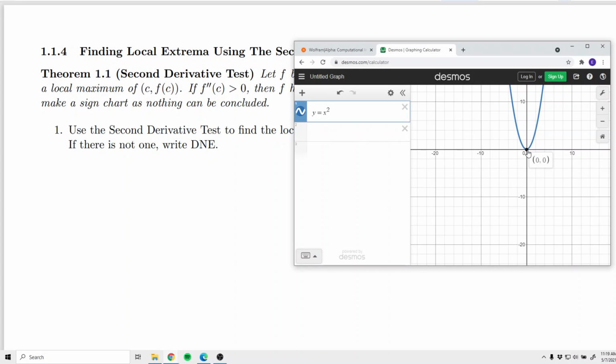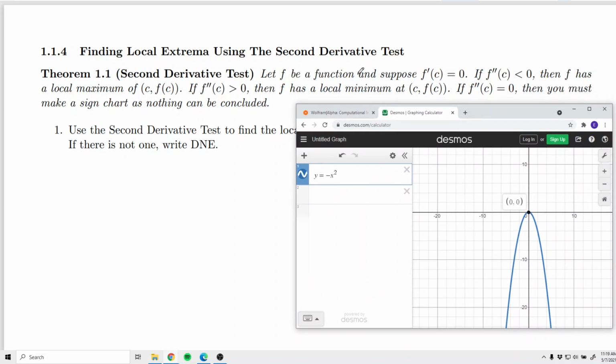And what's happening where the derivative is 0 right here is that you have a local min. And that's because the concavity here is 2, it's positive. And if you do put the negative sign on here, you still have the derivative being 0 at x equals 0, but it's a local max because the second derivative is negative 2, it's negative.